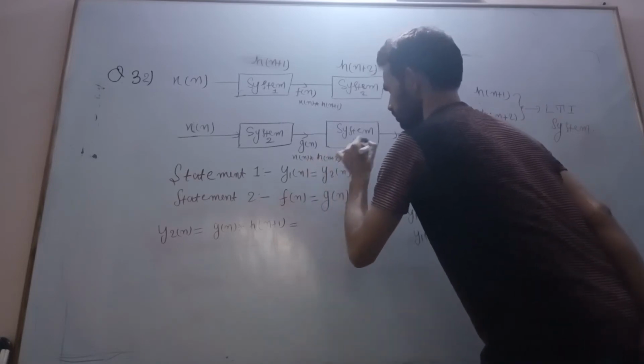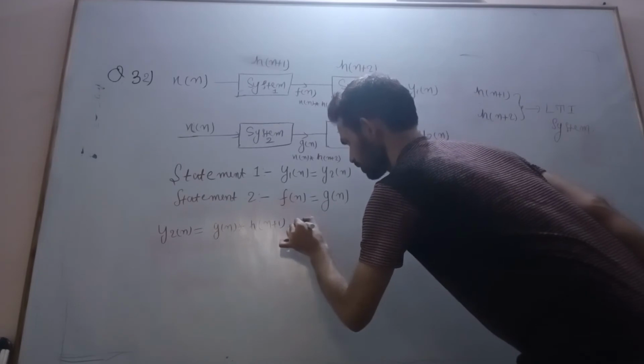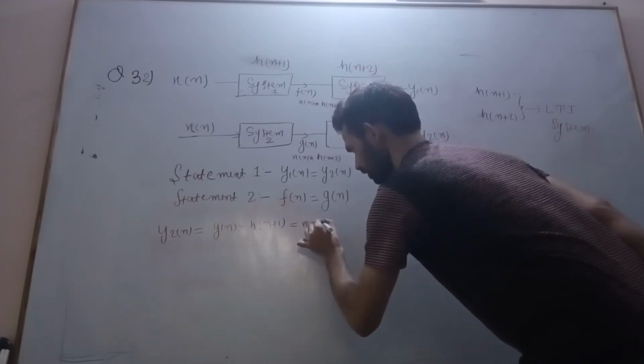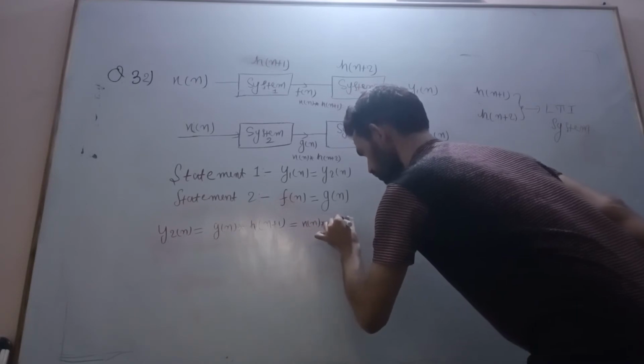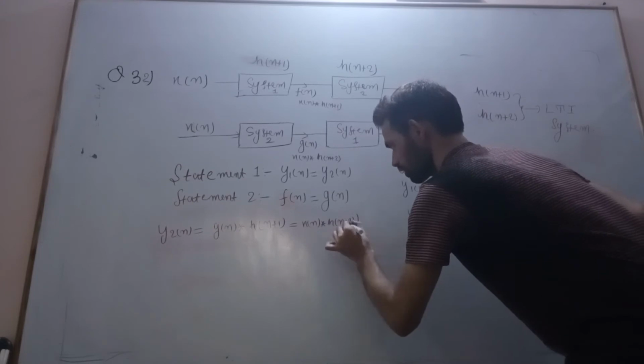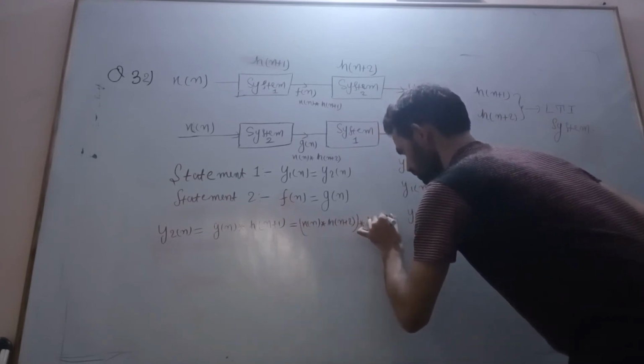Yes, h of n plus 2. This is system 2, h of n plus 2. So this is x of n convolution h of n plus 2, and then convolution here h of n plus 1.